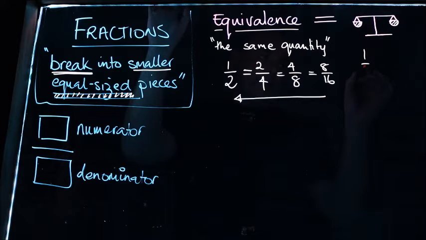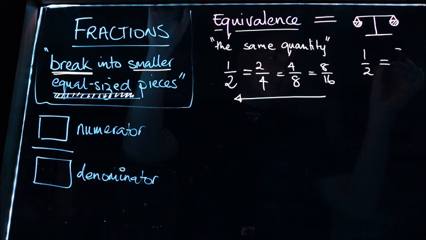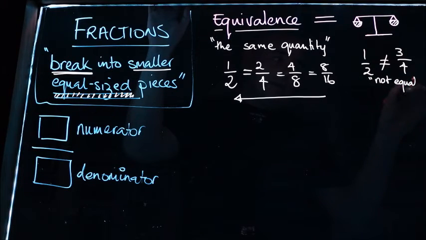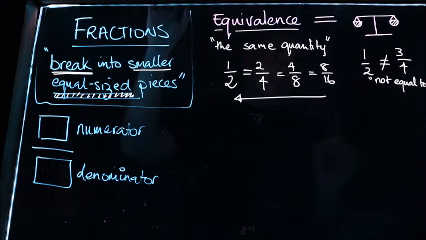Okay, so if they're not equivalent, let's do one example of what would throw this set of scales off. Say I had a half, and for some reason I thought it was equal to 3/4. Okay, clearly they're not, and you can use this sign, just a simple stroke of the pen. I've changed that sign from an equal sign, or equivalent to, to being not equal to. Okay, simple.